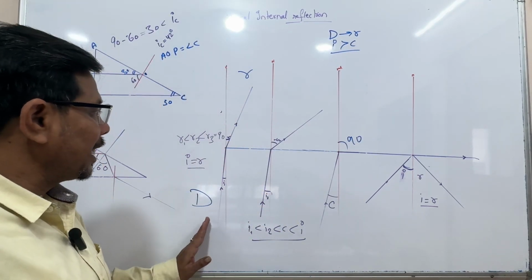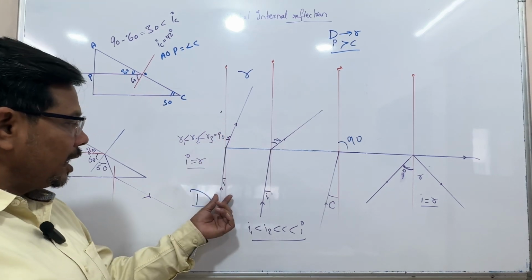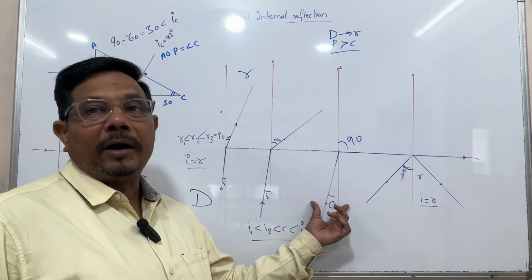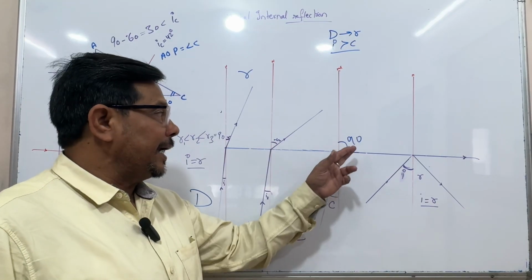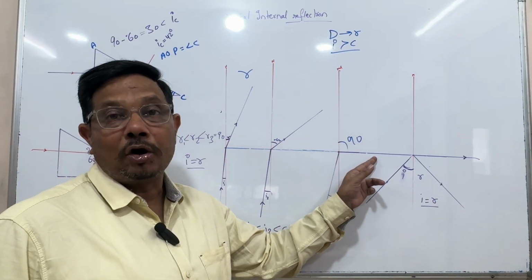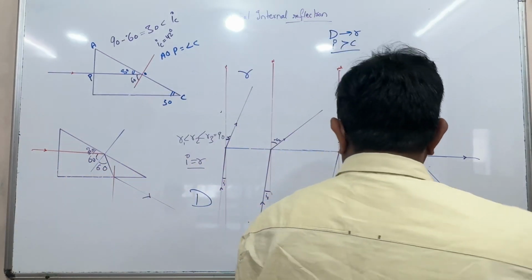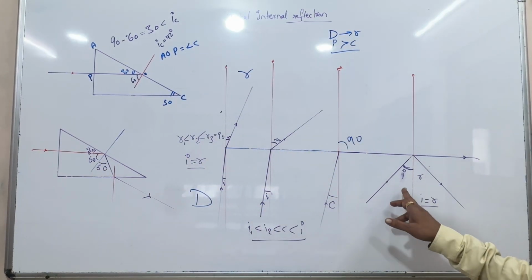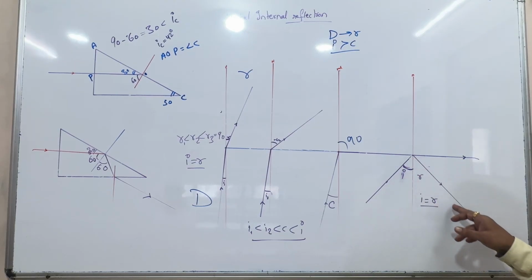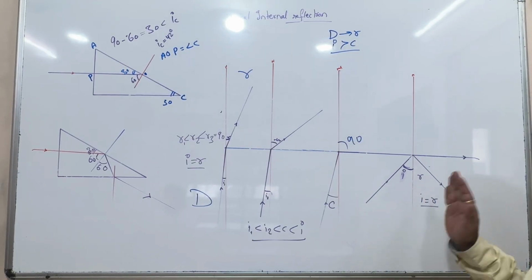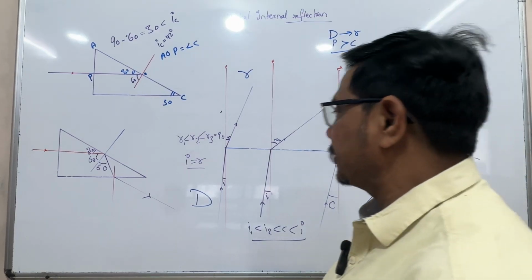So as it travels from denser to rarer medium, the incident angle increases and increases. At a particular value of angle of incidence, the angle of refraction goes 90 degrees with the normal. This angle is called the critical angle. When the angle of incidence is greater than the critical angle, it bends towards the same medium. This is called total internal reflection.